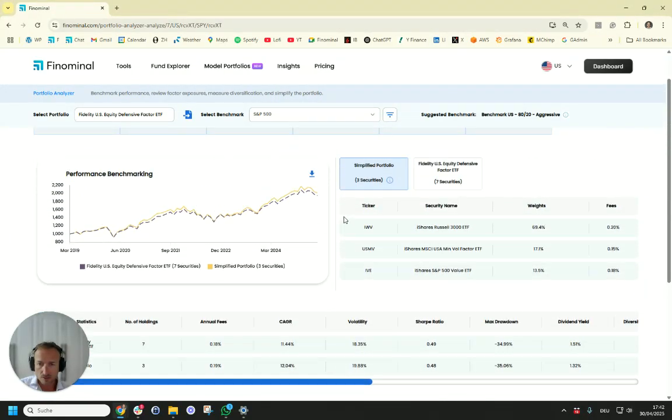This concludes our short review of Fidelity's US Equity Defensive Factor ETF, which is a model portfolio with a defensive positioning. From a return perspective, this has underperformed the S&P 500 over the last 6 years, but that's fine for a defensive product. What is less attractive is that it hasn't done better from a Sharpe perspective, and that the drawdowns in some cases were lower than the market, in some cases were the same, and we can explain the lower drawdowns simply with exposure to the low vol factor ETFs.